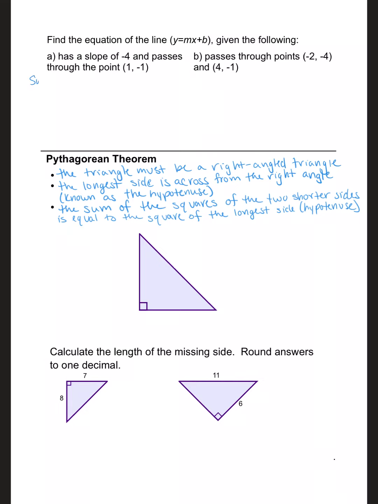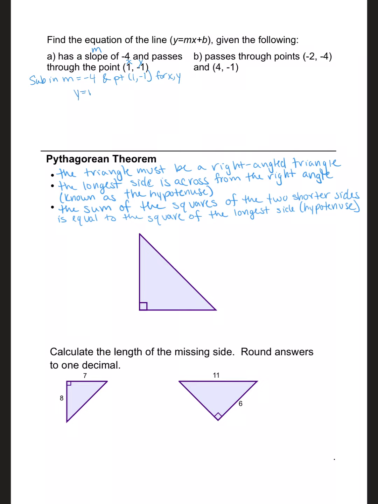So we're going to sub in -4 for my m, because slope is simply our m variable in the equation. And we're going to take point 1, -1, and we're going to sub it in for x and y, right? Because if we have a point, the first part of the coordinate represents x, and the second part represents y.